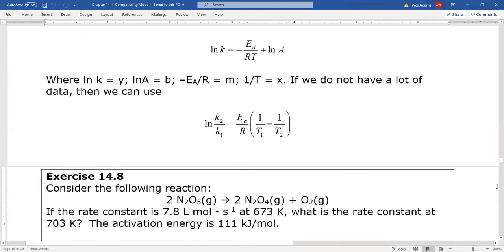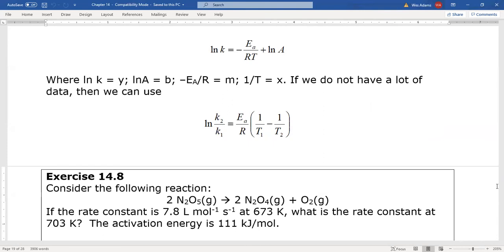So we're going to work that two-point equation, ln of K2 divided by K1 equals EA over R times 1 over T1 minus 1 over T2. We're going to use this reaction: 2N2O5 goes to 2N2O4 plus O2.